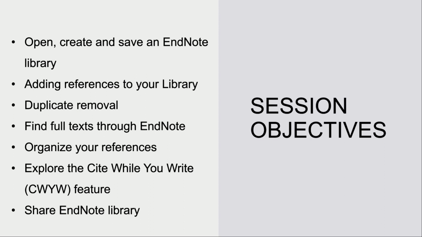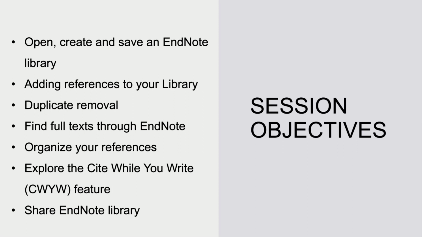Today, we will be talking about some features of EndNote Desktop that help with referencing at all stages. That means from storing and organizing references to inserting and formatting citations and creating a reference list in your Microsoft Word.